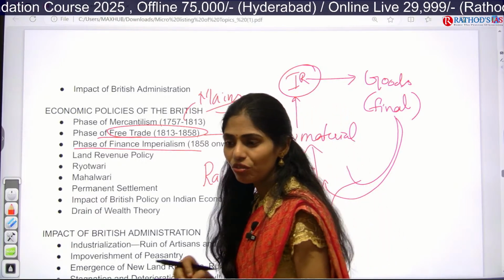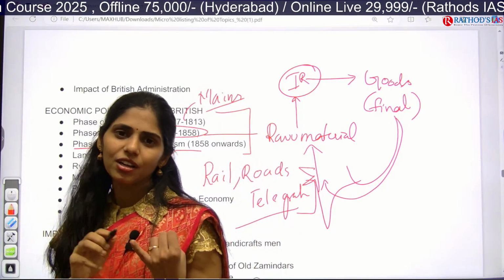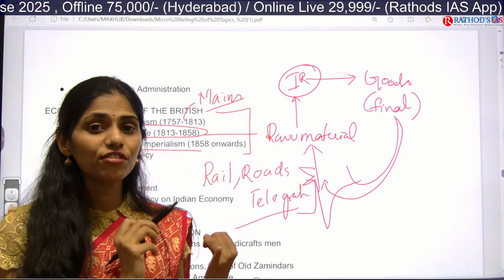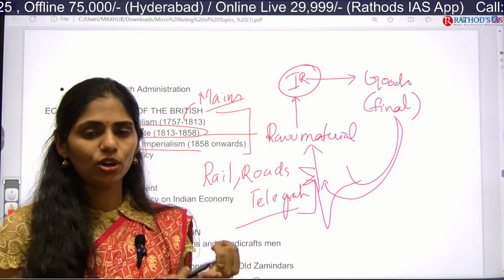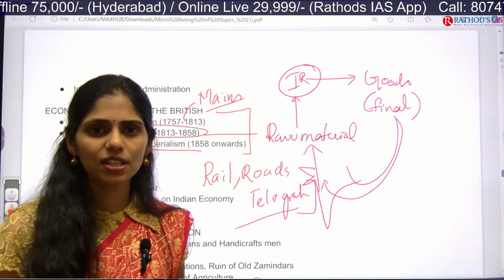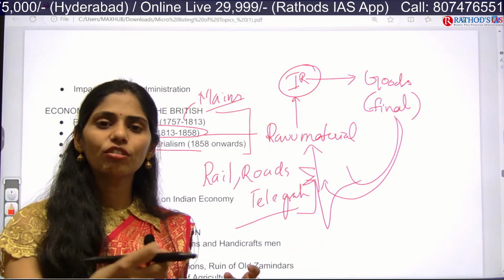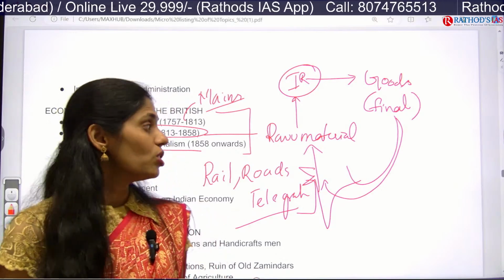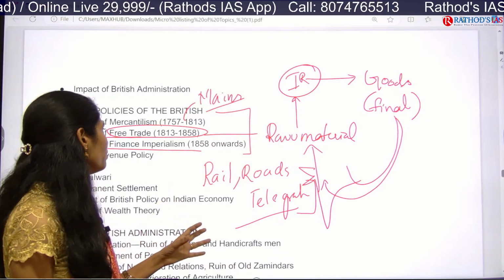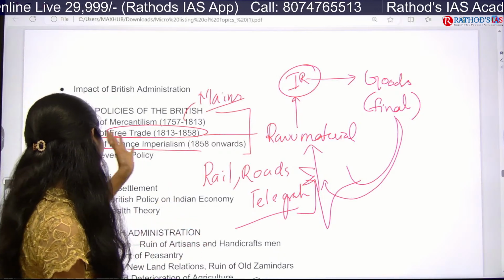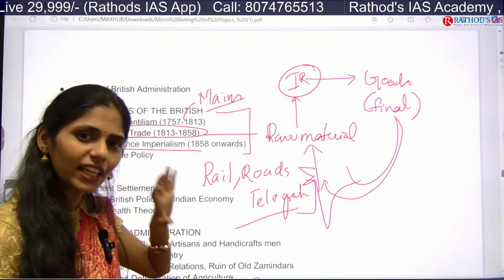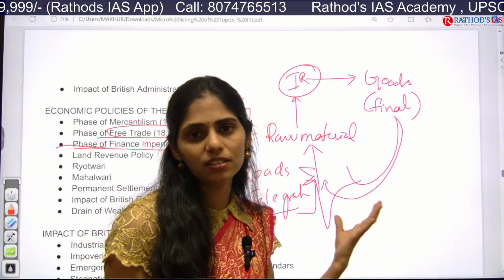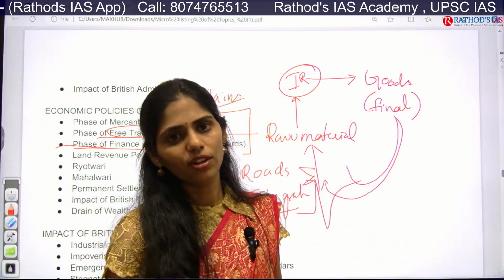These were very important for them for easy mobilization of troops, that is the army or soldiers, from one place to another, easy carrying of goods, and easy transportation of arms, right. For this they started developing these things, which comes under finance imperialism. That means they gave the loans, and in return we have to pay the money along with interest.